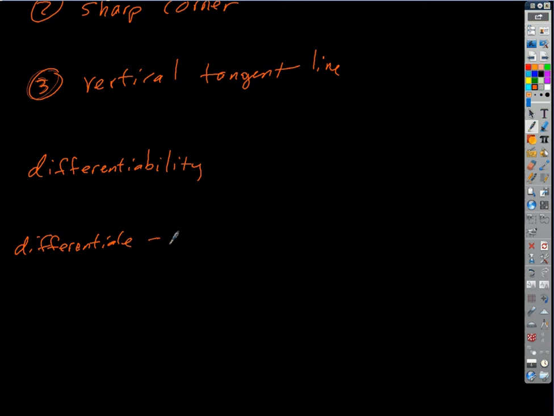To differentiate means to take a derivative or calculate a derivative. So differentiability is the ability to take, calculate, and define a derivative, right? So what's the relationship between differentiability and continuity? This is an important one. It's not difficult, but it's a really important relationship.